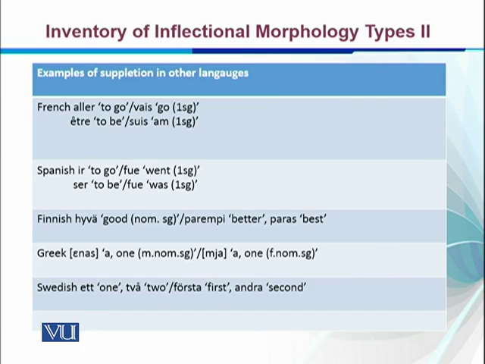And similarly in Spanish and Finnish, Greek, and Swedish, you can see different words which are used in the infinitive or in the present form, and though they don't have any similarity, right? So they are all suppletive forms.